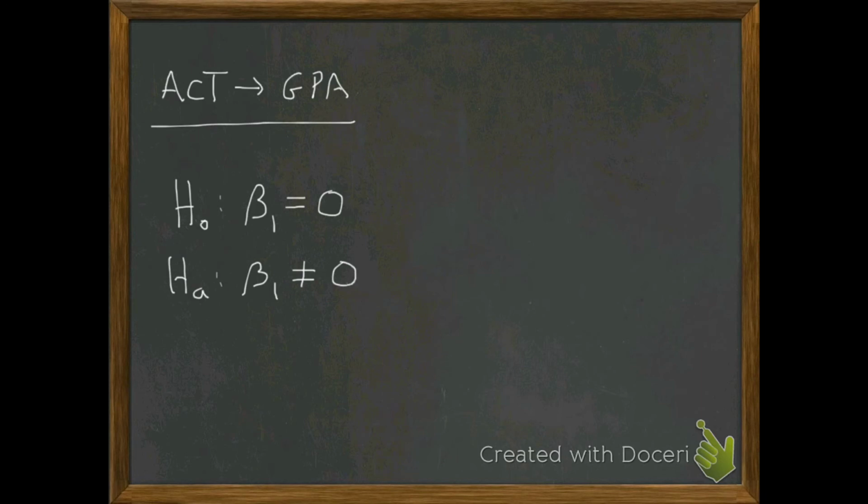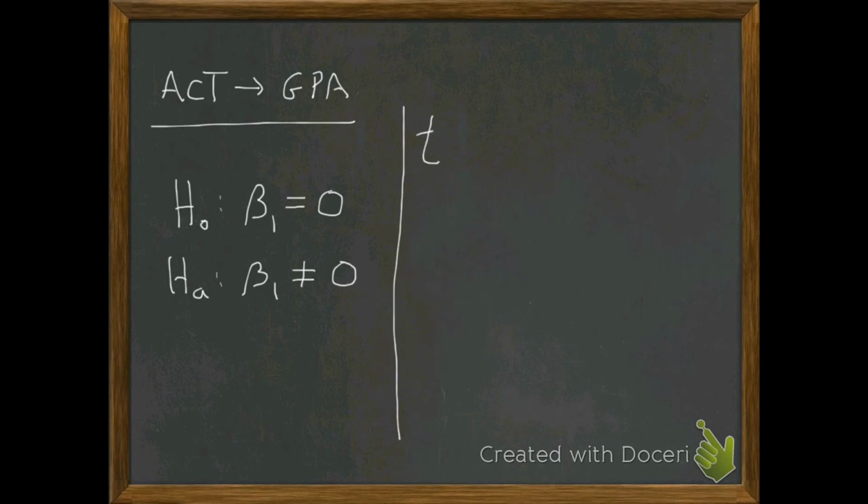So the slope, if we get a statistically significant slope, will just be the change in GPA per 1 unit increase in ACT.